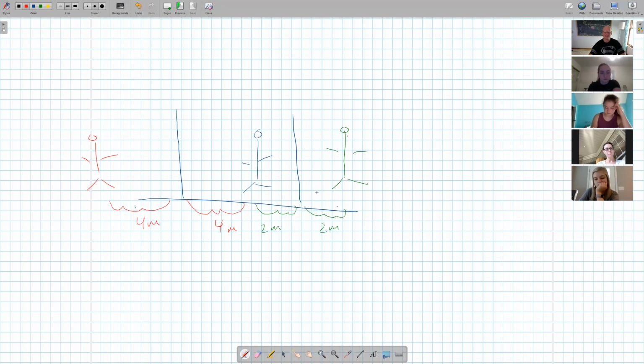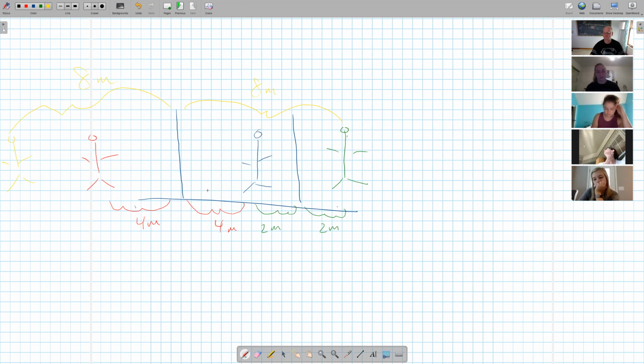Now, this guy is going to create an image in this mirror. So this total distance from here to here is going to be, if this is 4, this is also 4, so this is now 8 meters. This is going to create another image out here, where this is a total distance of 8 meters.